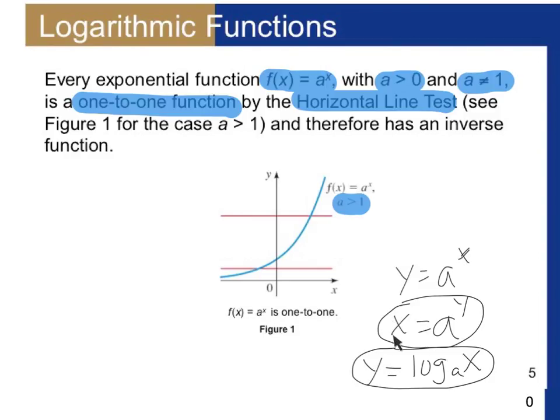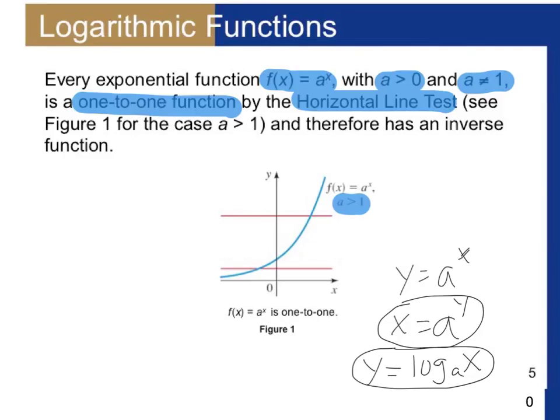This is not explicitly defined as the inverse function because we don't have y by itself. Here it is. So you can translate your log function by starting with the subscript, crossing the tracks once, so a to the y, and crossing again, equals x.